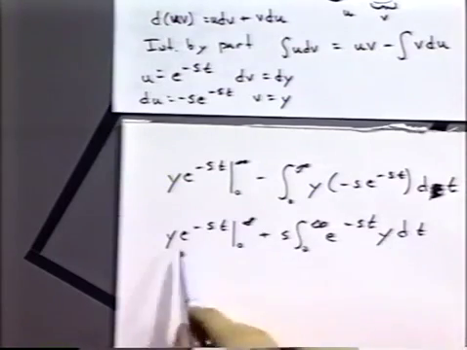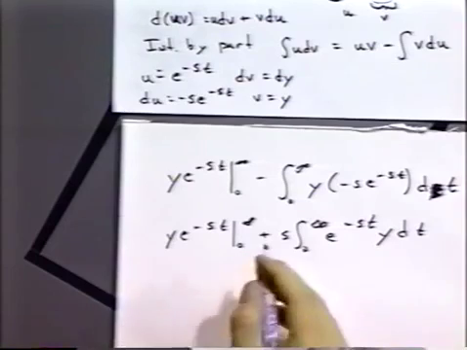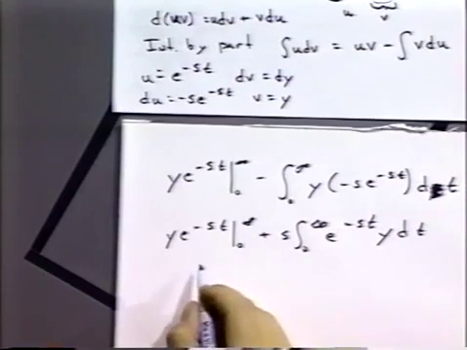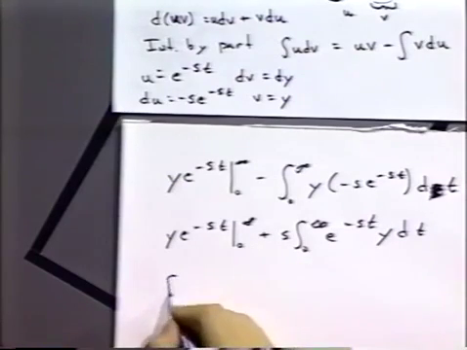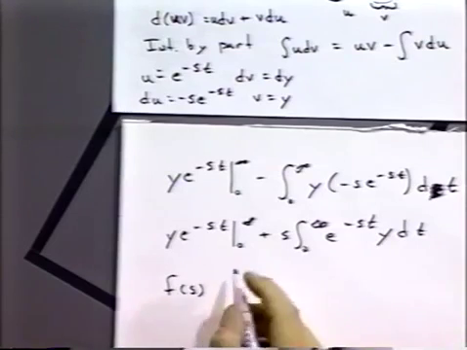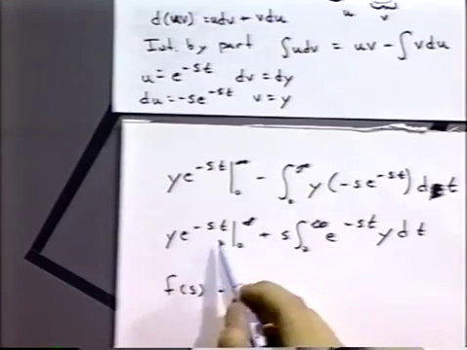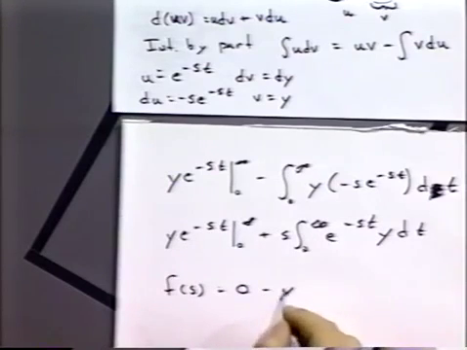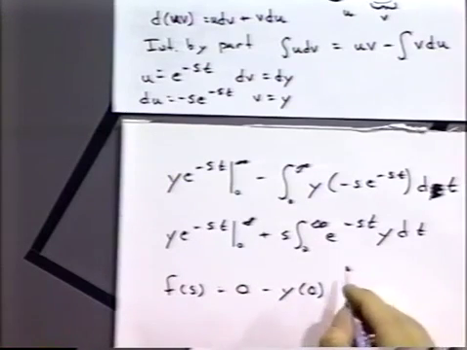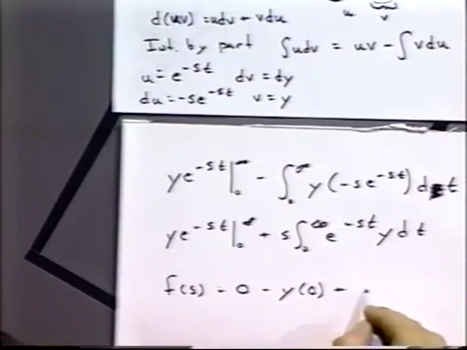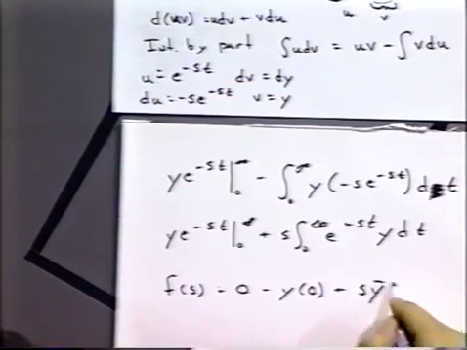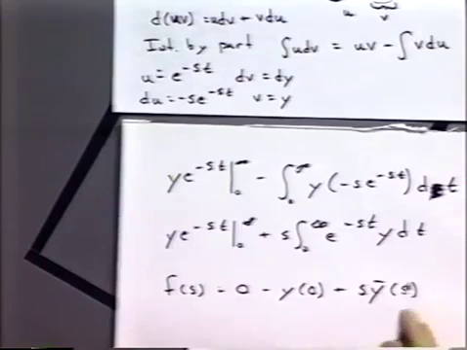Now, in shorthand, we would write this in a little bit different way. And so the result for the Laplace of an integral would be 0, which is evaluating that part, minus y to the 0, and plus s y bar over s.